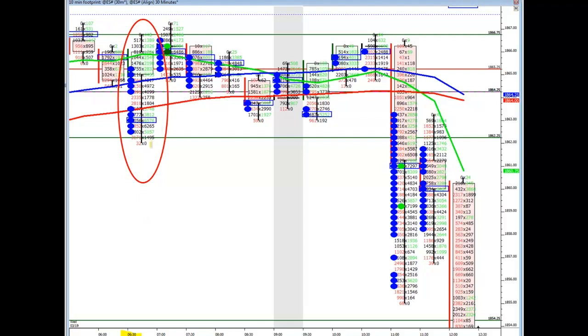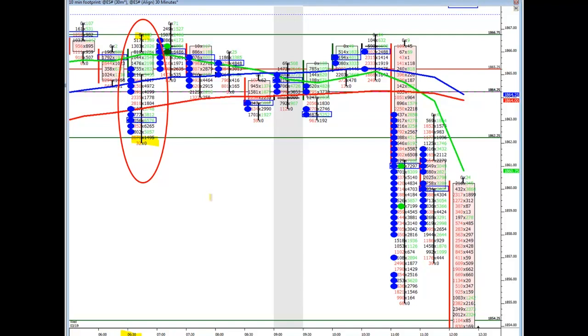Interesting. Take a look at how that first 30-minute period drops all the way down to the value area low and goes all the way up to the value area high, as if to taunt us. Okay, figure it out, guys. What do you think? Am I going up or am I going down? And it opens the range all over the place. Now, as far as volume, take a look at our dots.